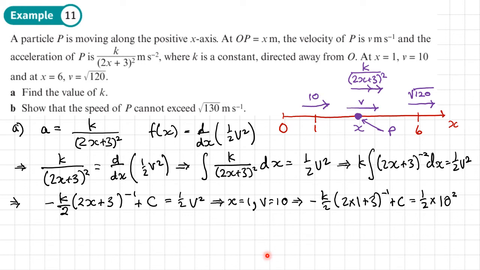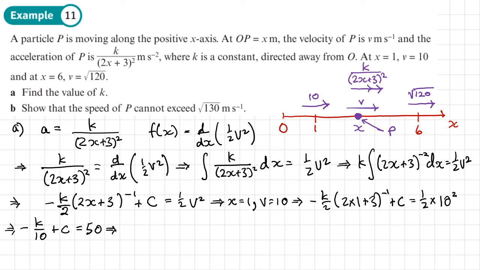So if we work that out, this is going to be 5 in the bracket, to the power -1 is a fifth. So if we multiply a fifth by -k/2, it becomes -k/10 plus c, and then half of 10 squared is going to be 50. So that's my first equation.